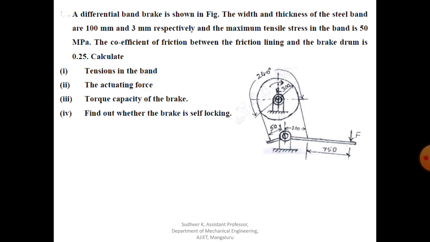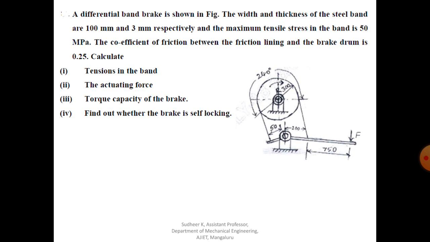F1 stands for tight side tension, which we also call maximum tension or high tension, the force on the high tension side, and F2 is nothing but the force on the low tension side. That we have to find out.